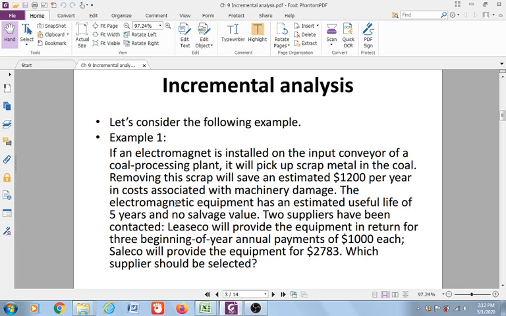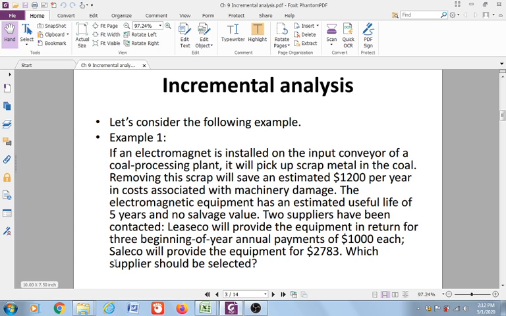In order to explain the concept of incremental analysis, I will use example number one. Based on example number one, we have two investment alternatives. Investment number one we call LISCO, and investment number two is Selco, and we want to decide which one we will choose.